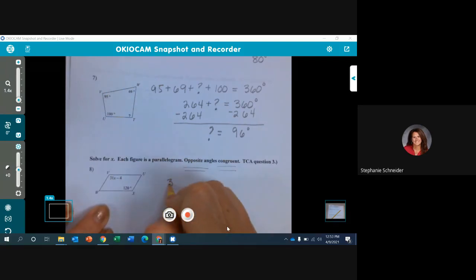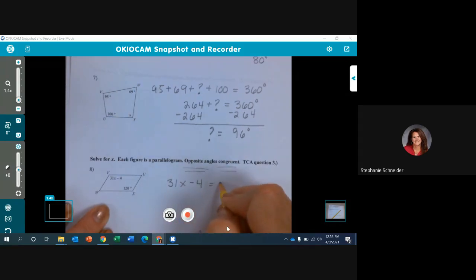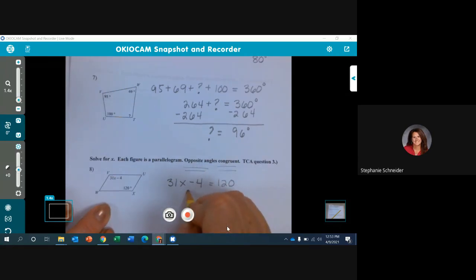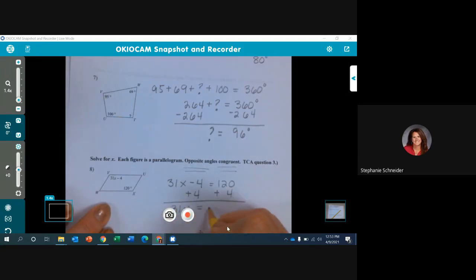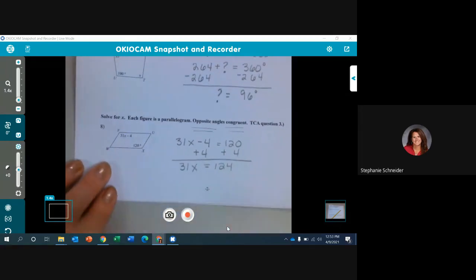So we have 31x minus 4 is going to equal 120. Okay, our basic multi-step algebra, add 4 to both sides. We get 31x is equal to 124. And then again, we want to get the x by itself.